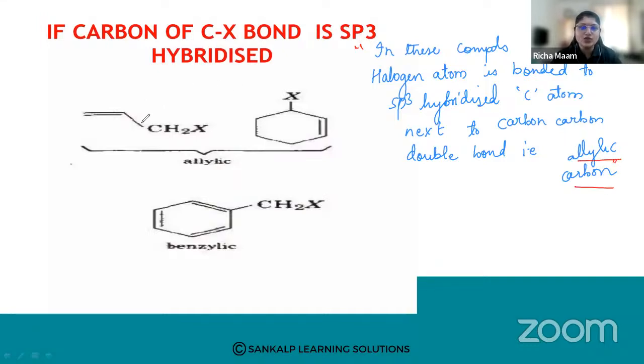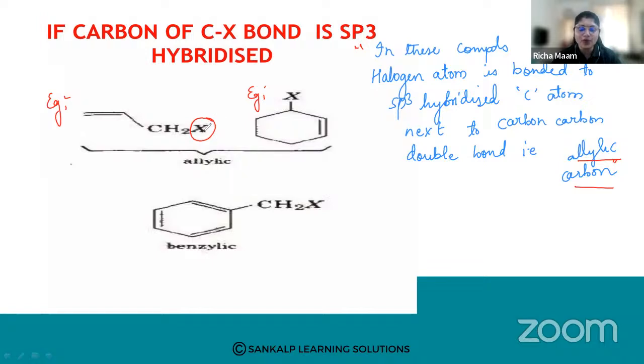So you can see what is happening with the halogen atom. These are the examples: this is an example of a haloarene, this is an example of a haloalkane, and this is an example of a haloarene. Now allylic halides.